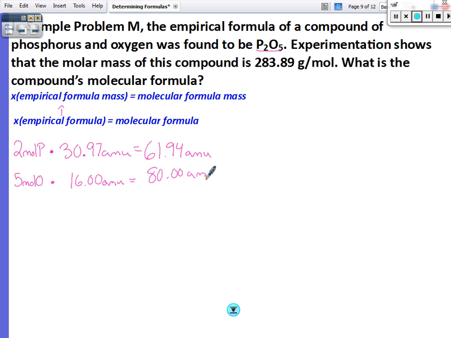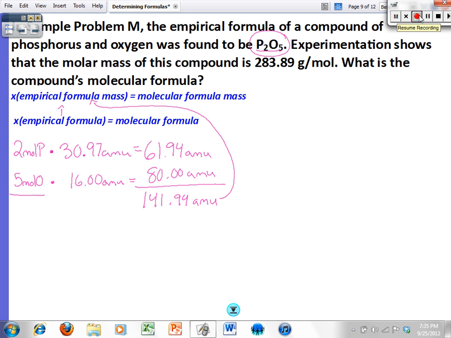And if I add those together, I'm basically adding 2 moles phosphorus to 2 moles oxygen. What I have here, I'm going to get 141.94 AMU, and that's going to give me my empirical formula mass. Okay.